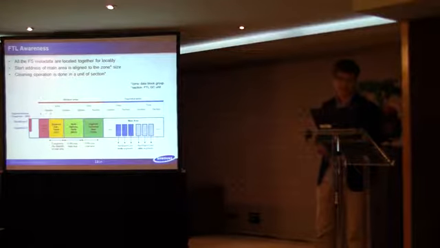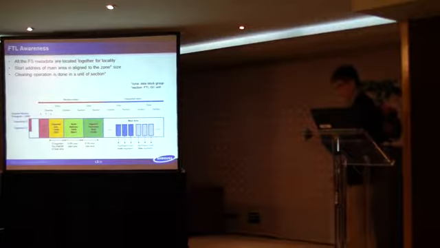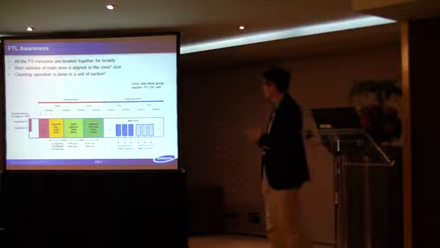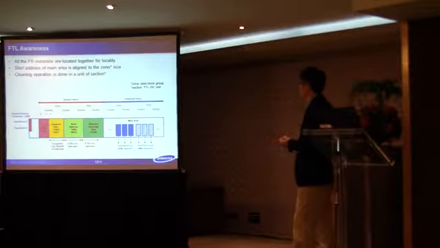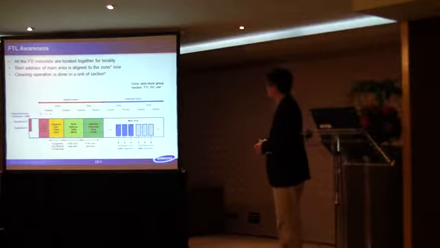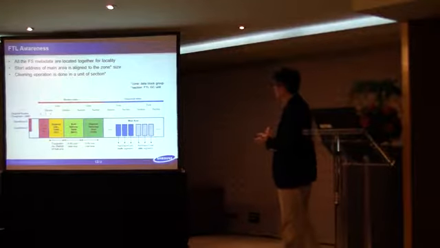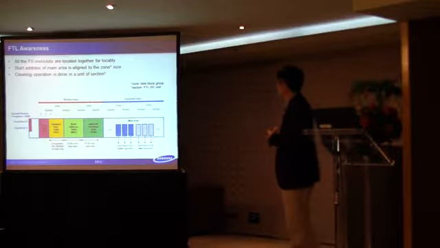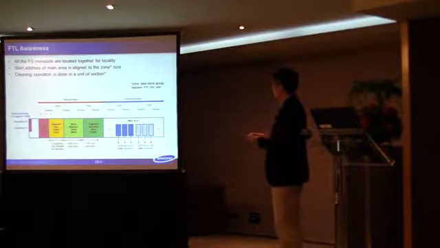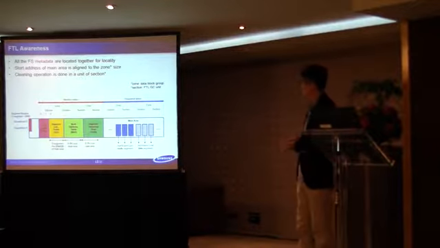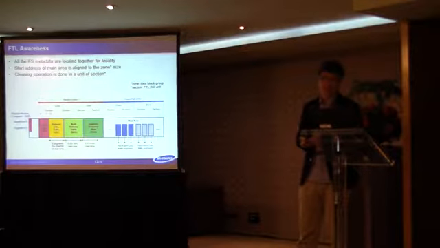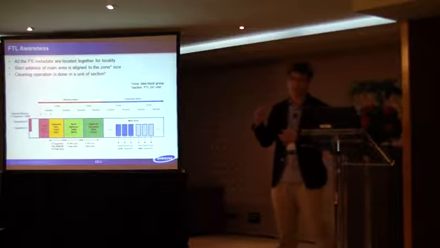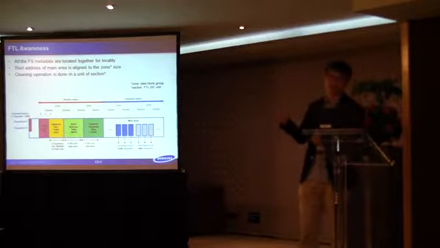And second, we have aligned the main data area to the zone size. The zone size means data block group, as I mentioned. And also the cleaning operation is done in a unit of section. The section is matched to the FTL unit size. So the question is how to do the garbage collection in both layers, the file system and the FTL.